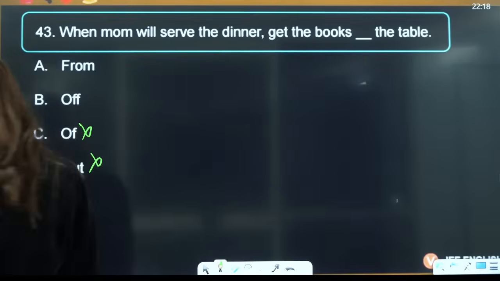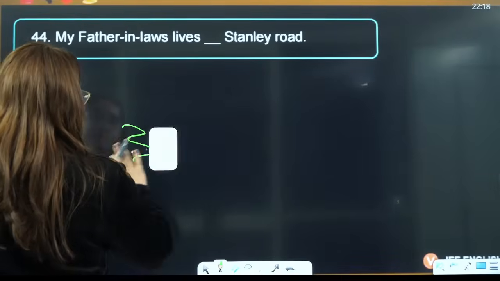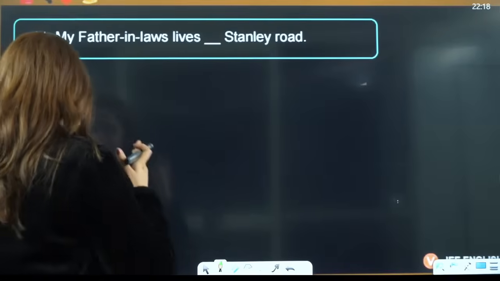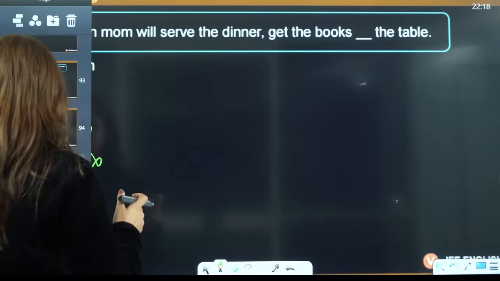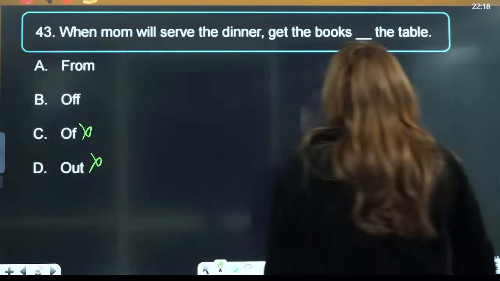Now again, I don't know, guys. I think I'll give you this one for homework. Is it right? When the mom will serve the dinner, get the books from the table.